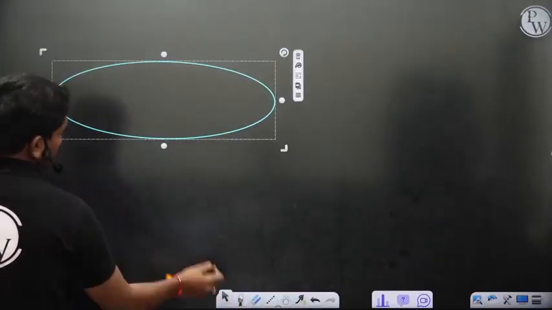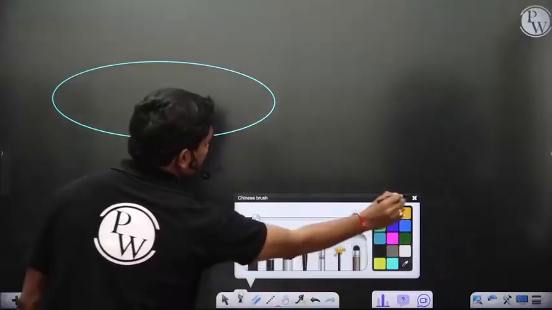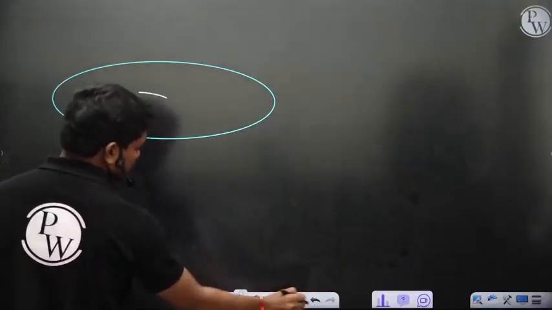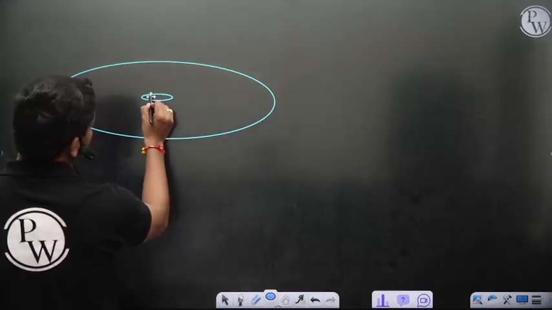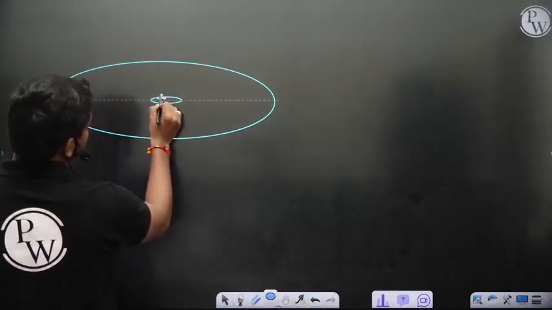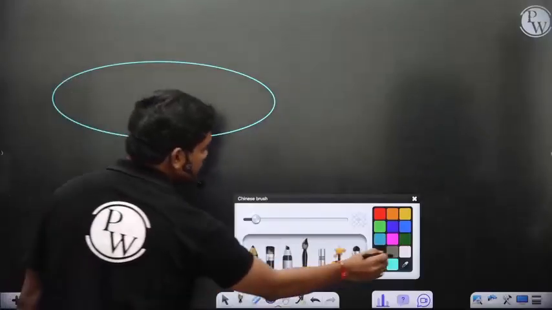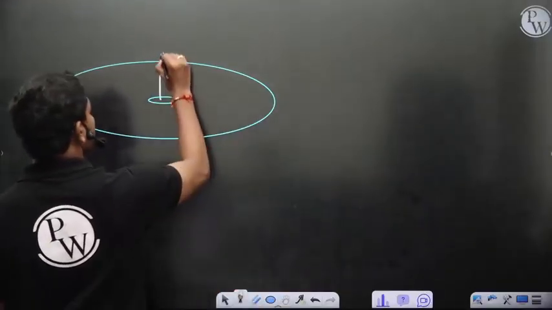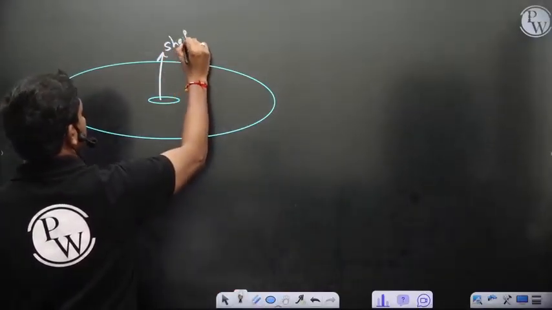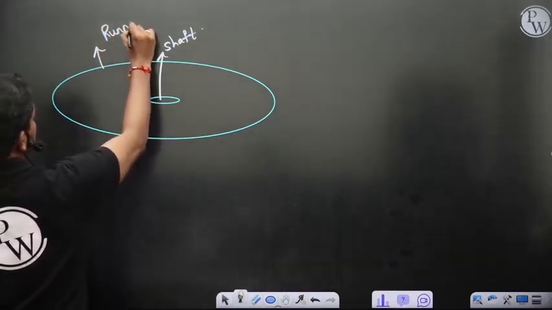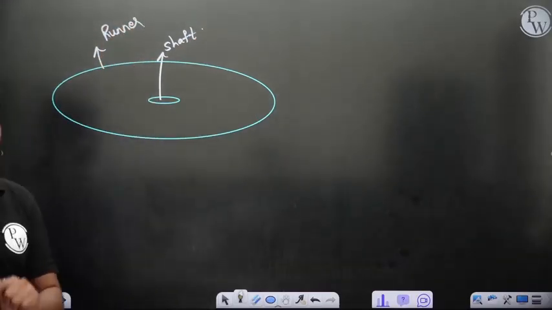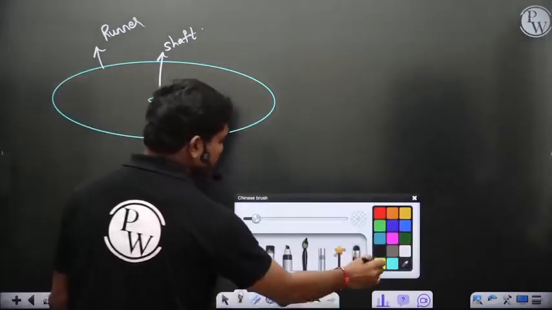If this is the runner here, and you have the shaft something like this, I'm trying to draw a 3D view so that you can understand. Now let us see, if this is the shaft location, and this is the runner in this case. Now if you take the blades, they are something like this.